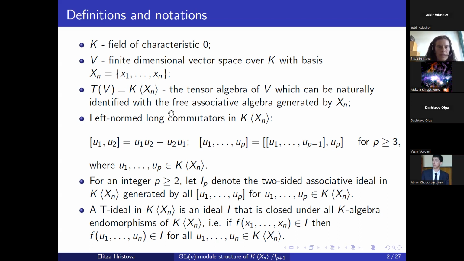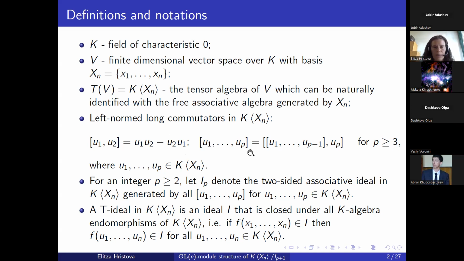Okay, so then in our free associative algebra K of Xn, we define the usual double commutator by the usual formula. And then we extend this definition, defining commutators of length p using this recursive formula. And we do this for any integer p.